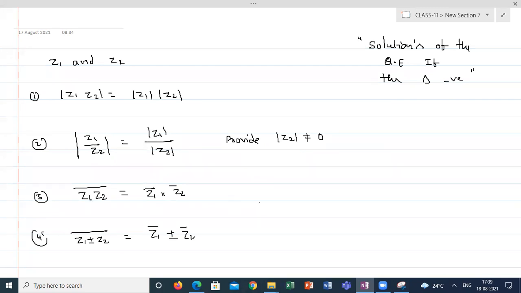The last one is Z1 by Z2, not modulus. The conjugate of Z1 by Z2 can be written as Z1 conjugate by Z2 conjugate, where Z2 should not equal 0. These are the 5 properties you can remember for solving MCQs in an easy manner.